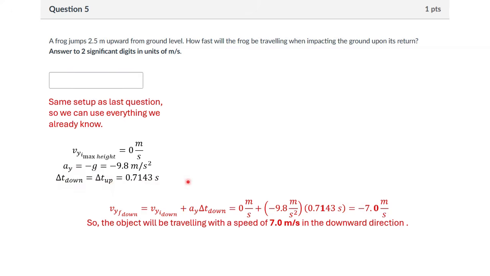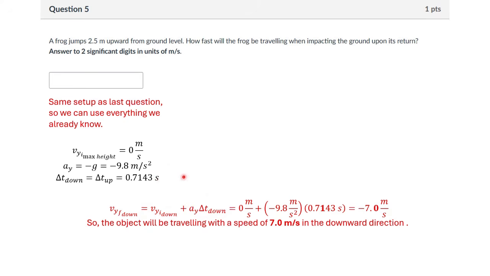Once we have this information, we can very easily just use the definition of acceleration, and it's decomposed this way in one of your equations on your quiz and on your exam. And we can simply solve for the final velocity of the downward journey of the frog from the highest point back down to the ground, which will be equal to the initial velocity at the highest point, plus the constant acceleration times the amount of time it spent going downward.